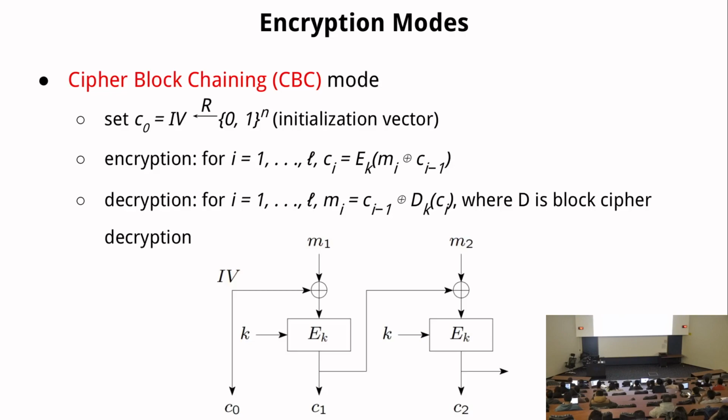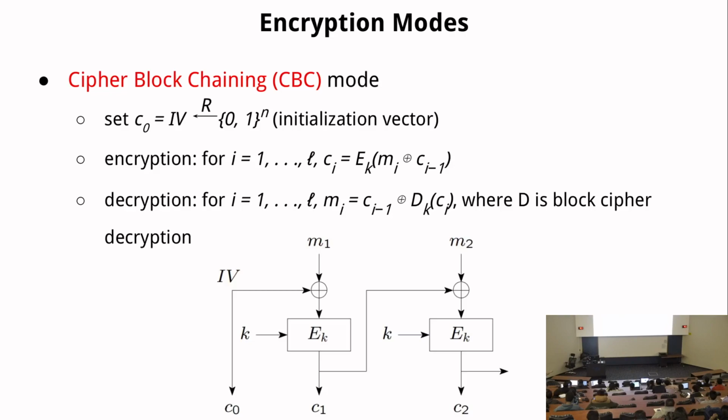Then for the encryption, for the very first 16 bytes of the message, you do an exclusive OR with the IV. After that, you encrypt using AES with your key, and you get a ciphertext. The ciphertext is then used for another exclusive OR operation with the second 16 bytes of the plaintext message.